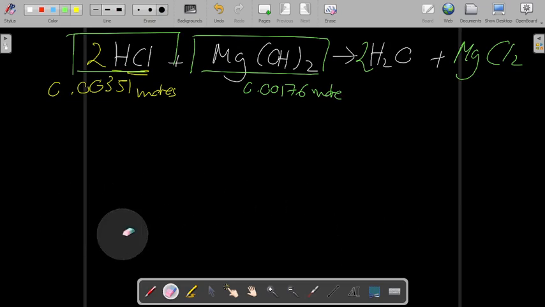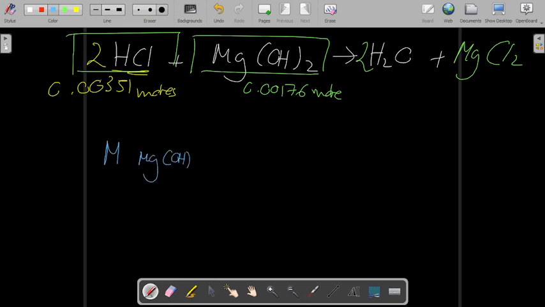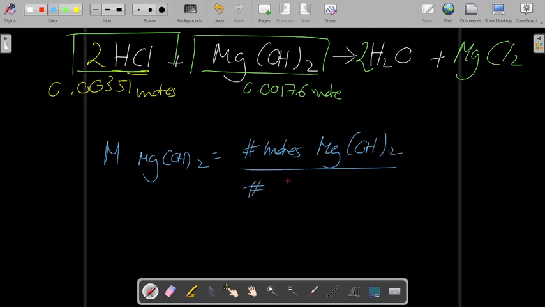Step 4. Find the concentration asked. Well, new color. Molarity of the magnesium hydroxide is what? The number of moles of the magnesium hydroxide divided by the number of liters for that magnesium hydroxide solution.